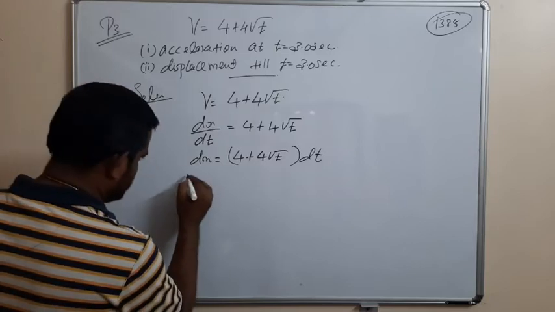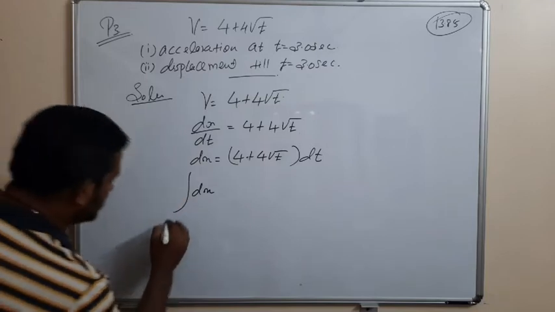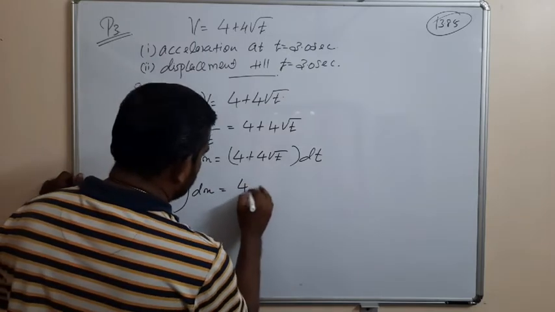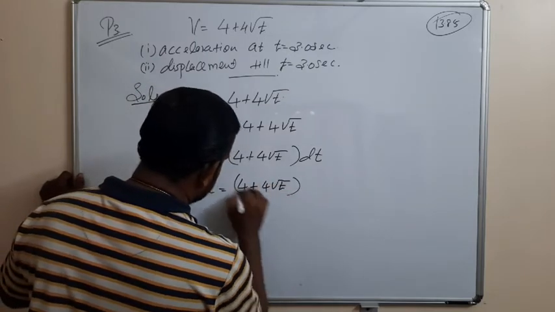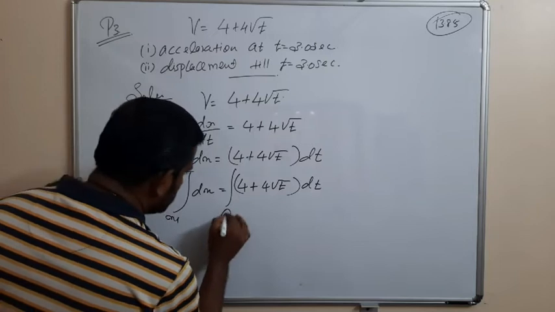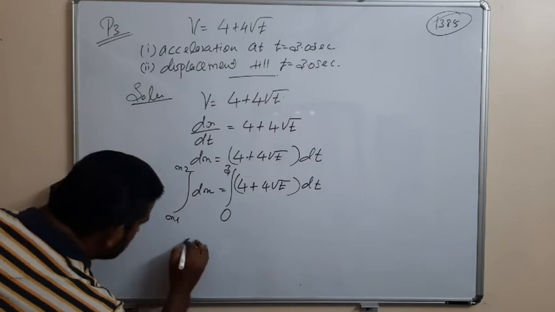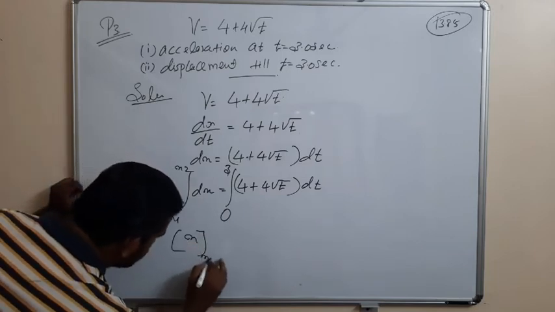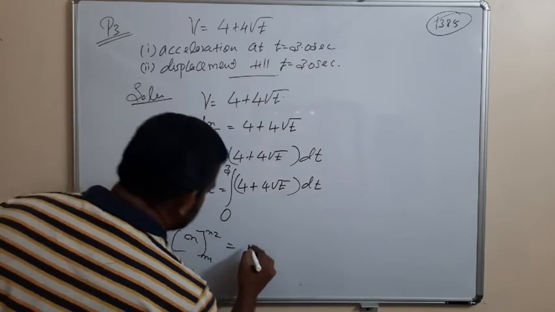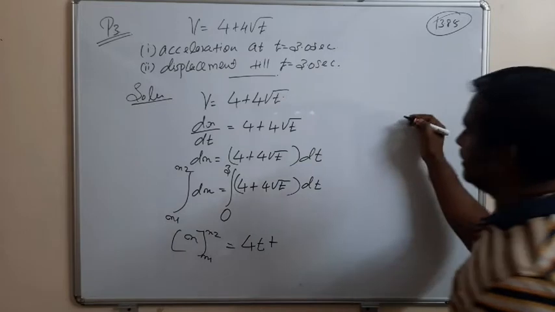Okay, so integrate. The integral of dx, as the displacement changes from x1 to x2, is equal to the integral of 4 plus 4 root t into dt, where the time changes from 0 to 3. So the integration of dx from x1 to x2 is equal to 4 into dt, that is 4t, plus 4 times the integration of root t.